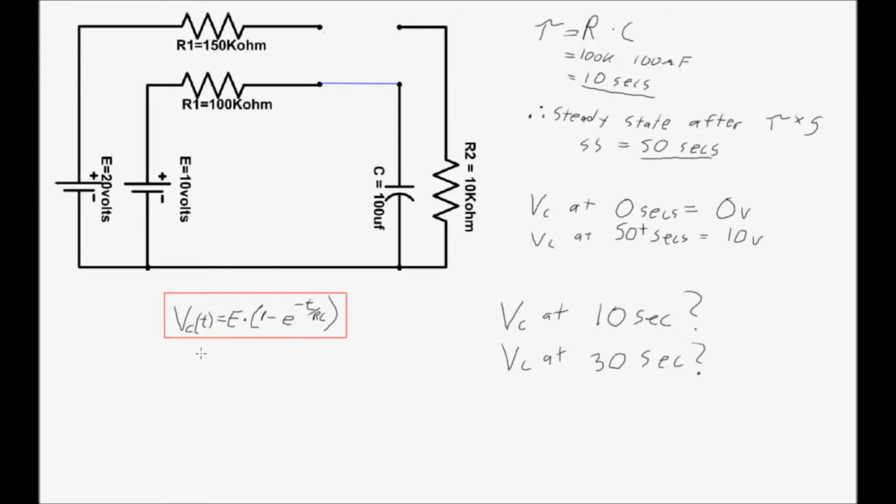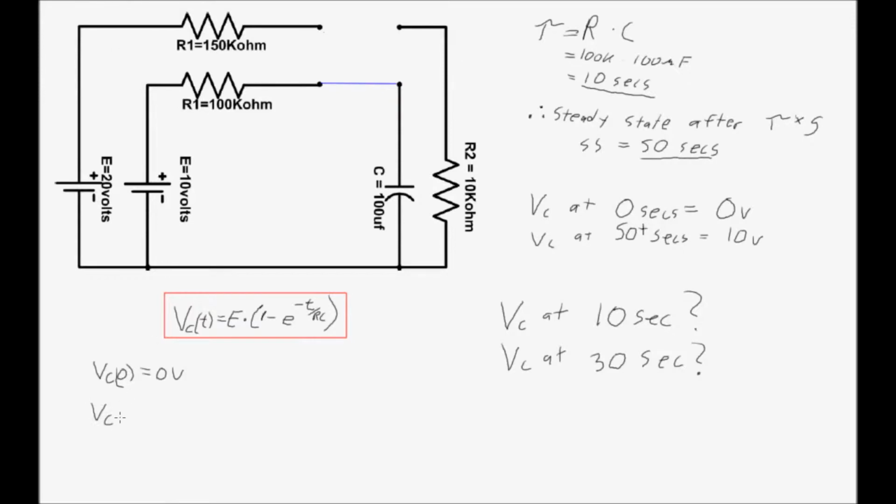The VC(t) is the voltage of the capacitor at a specific time. So at 0 seconds, it's 0 volts, because that's the instant the switch is closed.